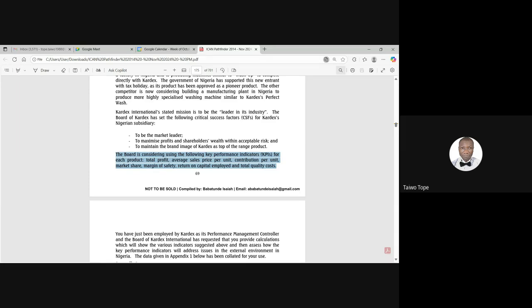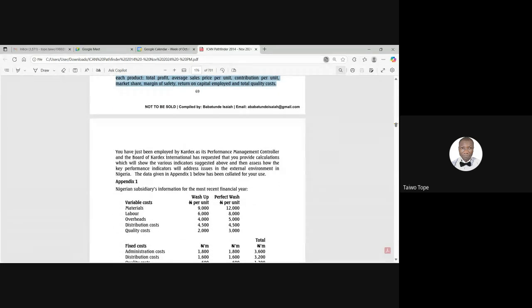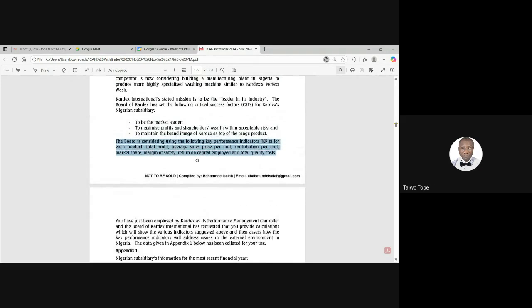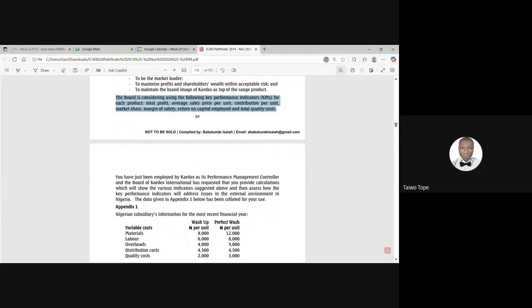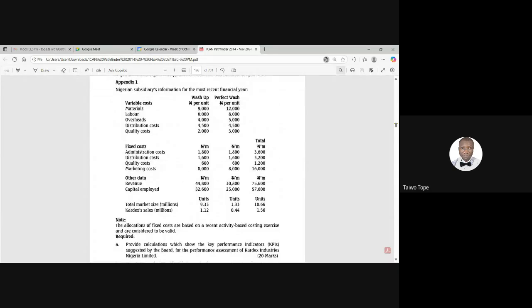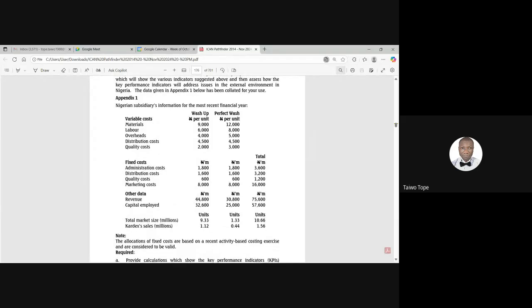It means what? How many products do we have? Wash Up and Perfect Wash, isn't it? Now, for you to calculate total profit, what do you need? They've given you these variables as a performance manager. In these variables, what do you have?